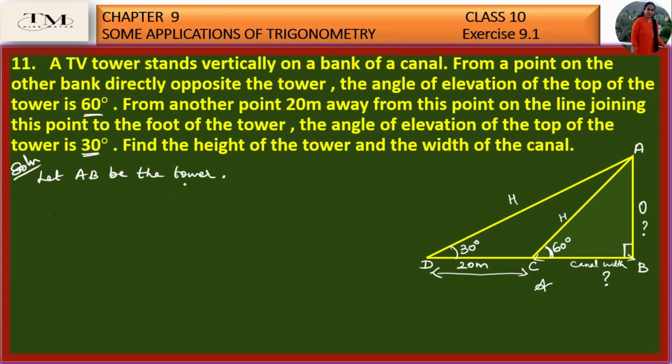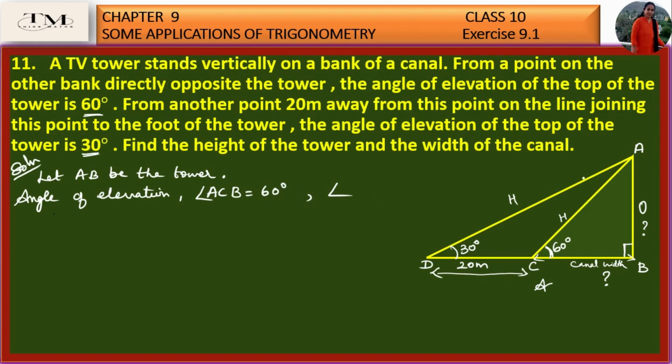Then what is given? From a point on the other bank directly opposite the tower, the angle of elevation is given. Angle ACB equals 60 degrees.